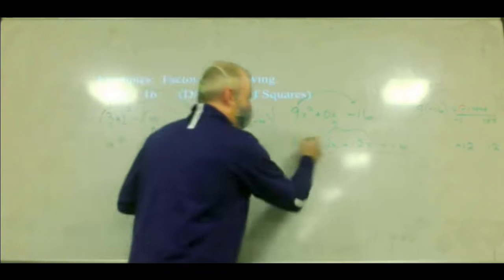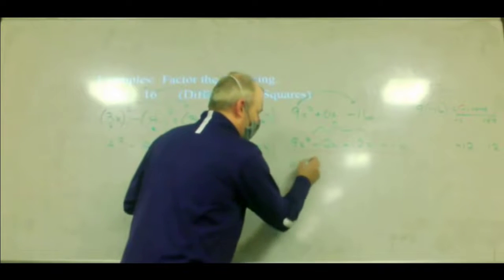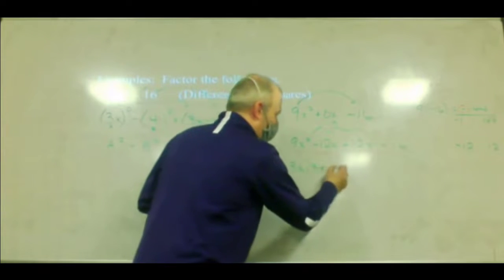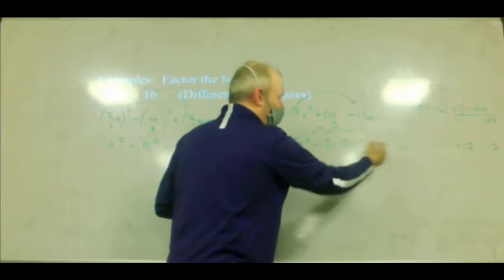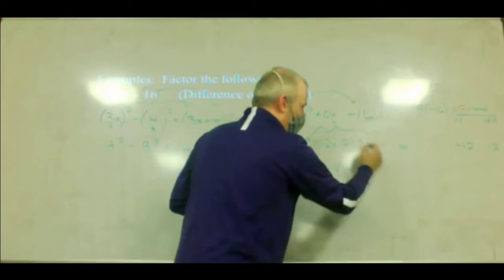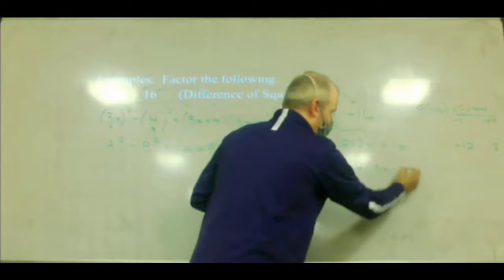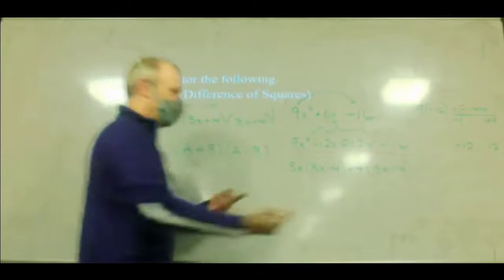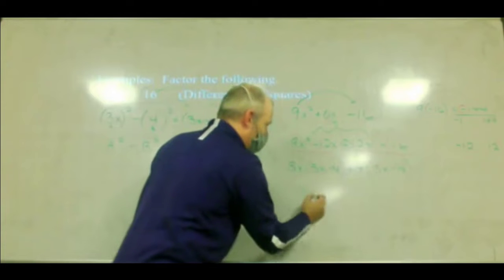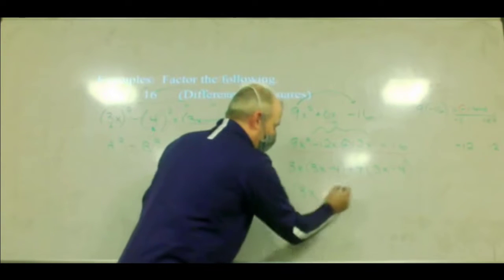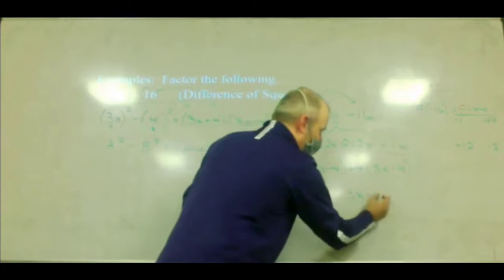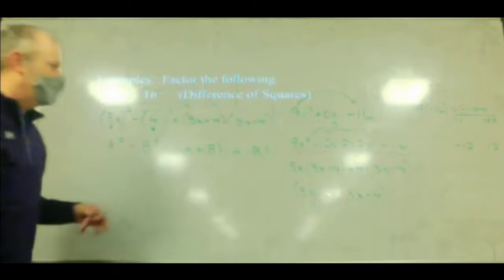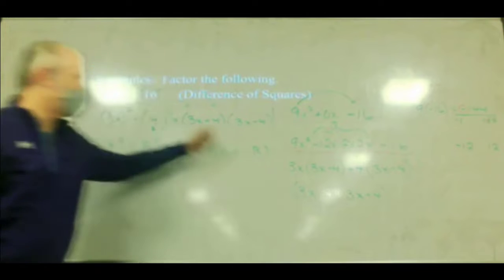We could take out a 3x from both of these, and we would have 3x minus 4 left over. Take out our plus sign. We can take out a 4 from both of those, and we would have 3x minus 4. Not surprisingly, these are the same. We take out a 3x minus 4, and we have 3x plus 4 left over. And so we can see that that answer is exactly the same as this answer.